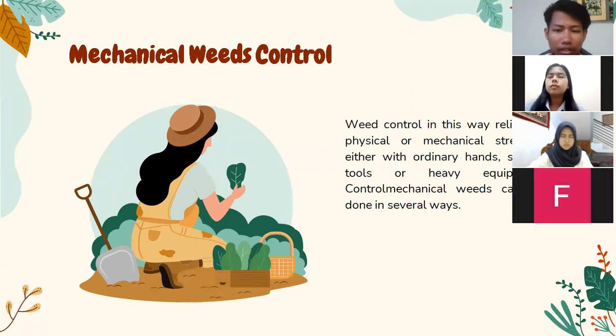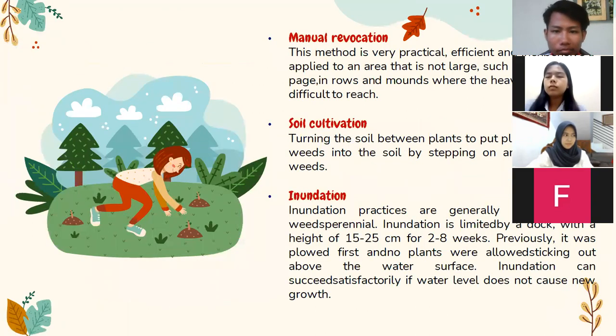Mechanical weed control. Weed control in this way relies on physical or mechanical strength, either with ordinary hands, simple tools, or heavy equipment. Mechanical weed control can be done in several ways. Manual removal.